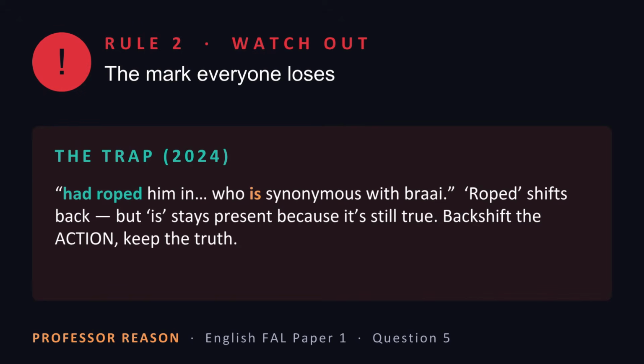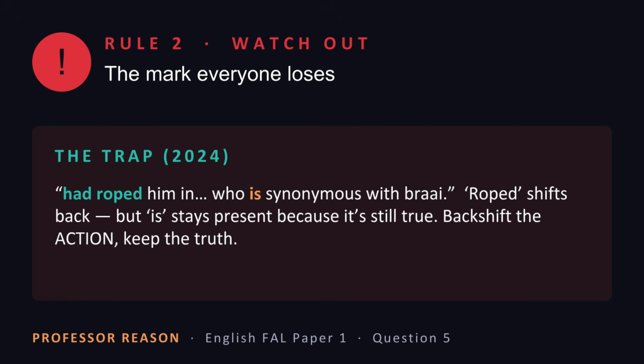Now, here's the trap that cost learners a mark in the 2024 examination. Here's the sentence. They robbed me in as a chef who is synonymous with braai. It will become, Chef Benny said that they had robbed him in as a chef who is synonymous with braai. Did you catch it?